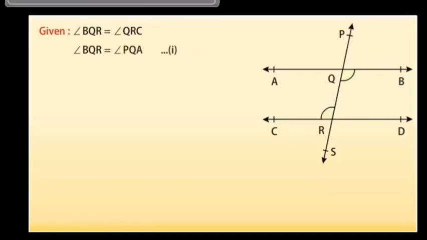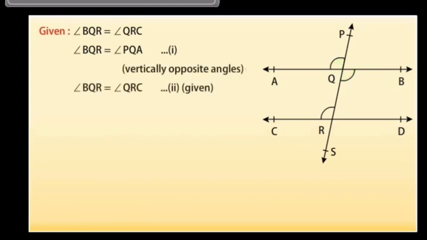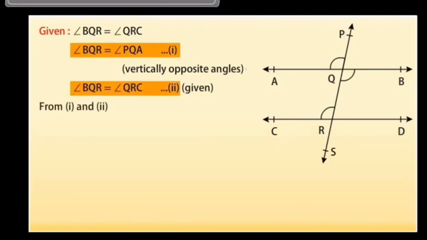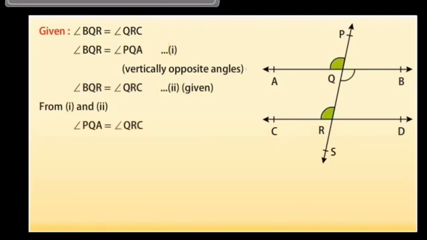Let us give angle BQR equal to angle PQA, mark as equation 1. These are vertically opposite angles. Now angle BQR is equal to angle QRC, mark it as equation 2, as given here. So from equation 1 and equation 2 we get angle PQA is equal to angle QRC, corresponding angles.